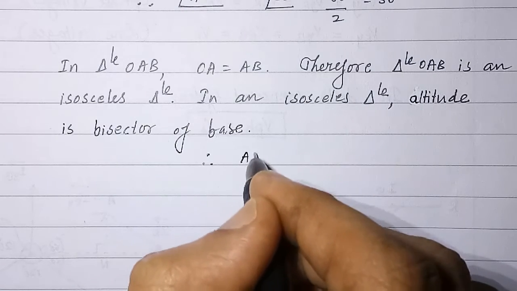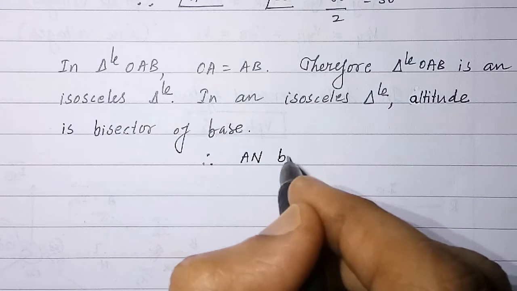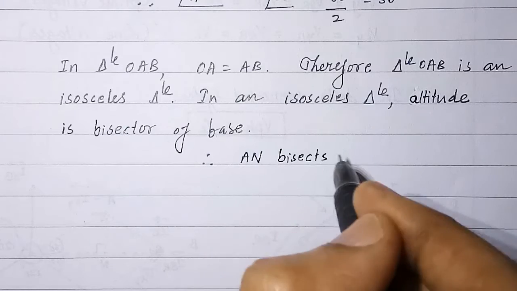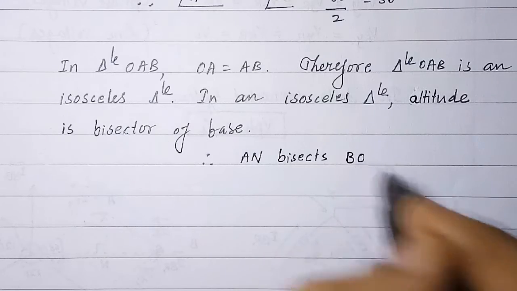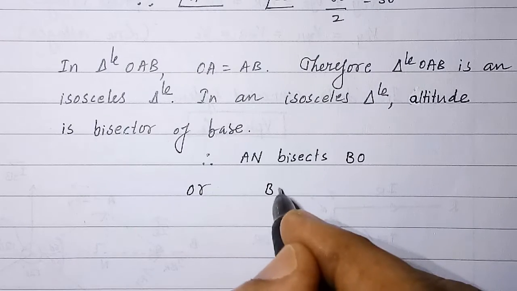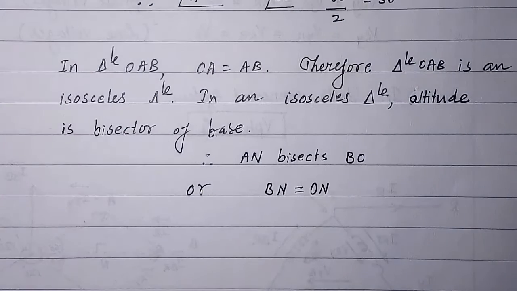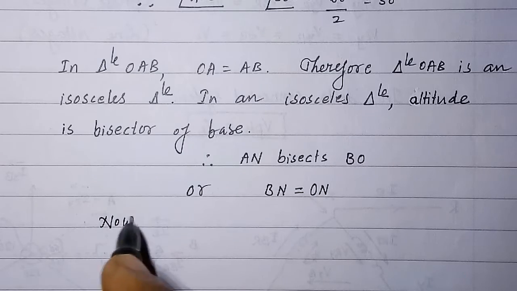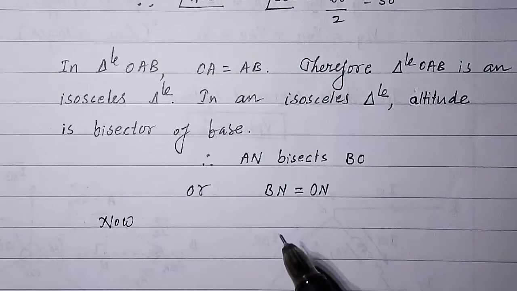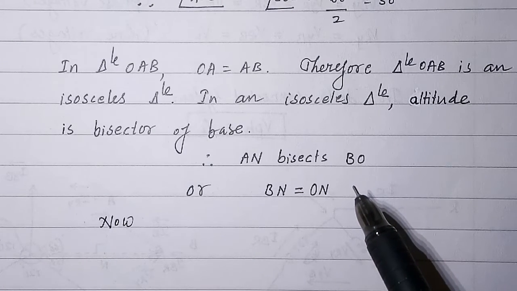Therefore, AN bisects BO, or we can say BN is equal to ON. Instead of using this property of isosceles triangle, you can also make use of property of rhombus. That is, in a rhombus, diagonals bisect each other at 90 degree.